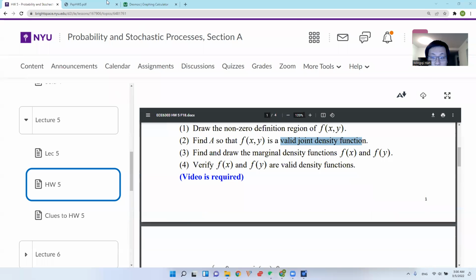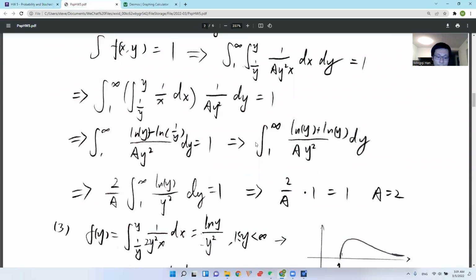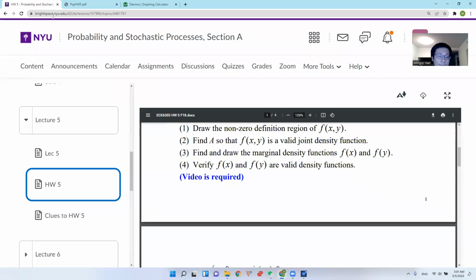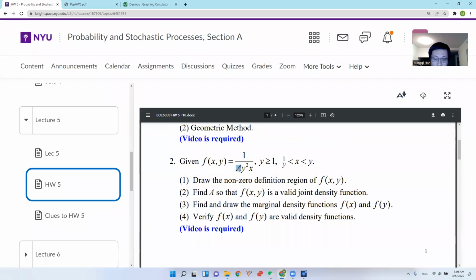For part 3, we were to find the marginal density functions f_X and f_Y, and draw them. We already have the a value, so we put it in here.